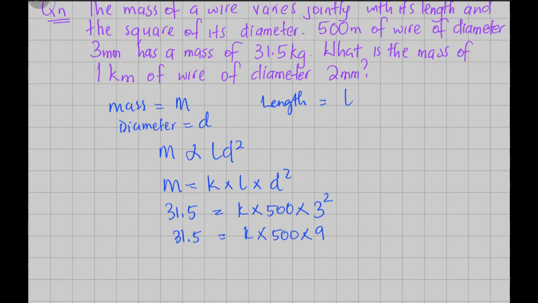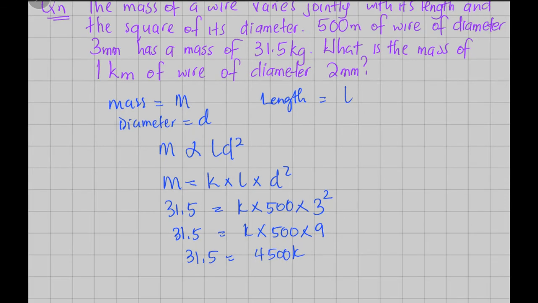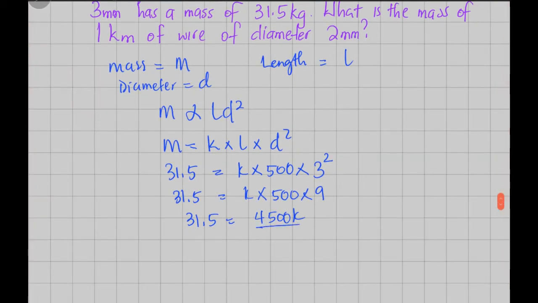So 31.5 is equal to 4,500 K. Dividing both sides by 4,500, our K will be equal to, go into your calculator and type 31.5 divided by 4,500.